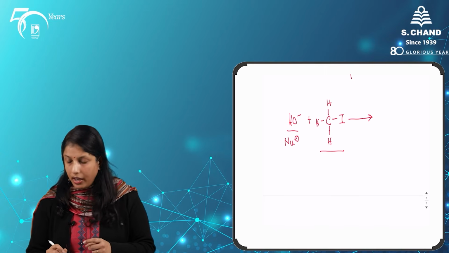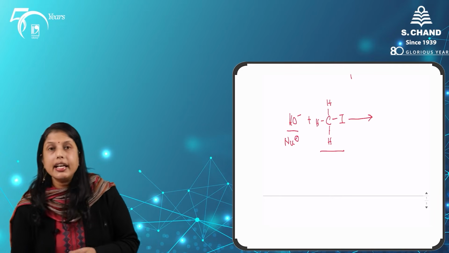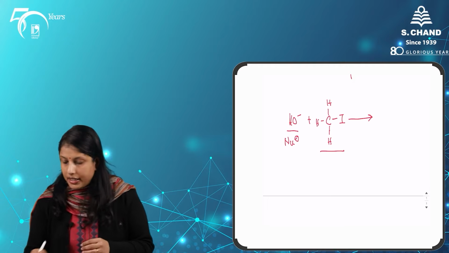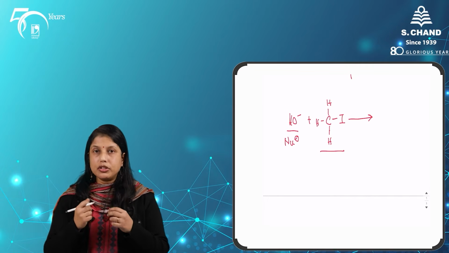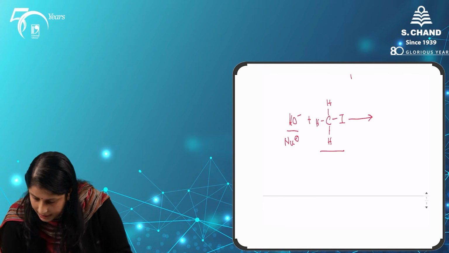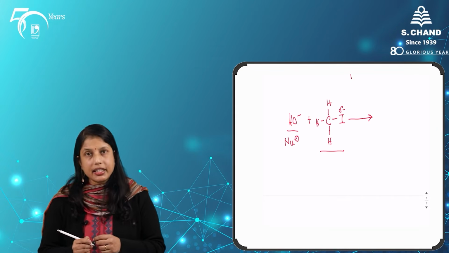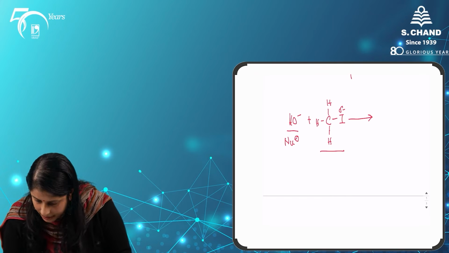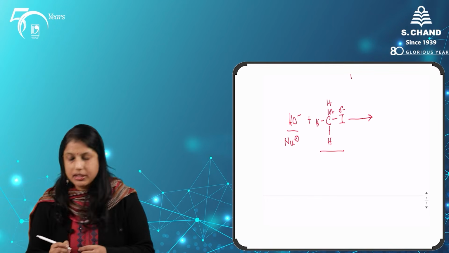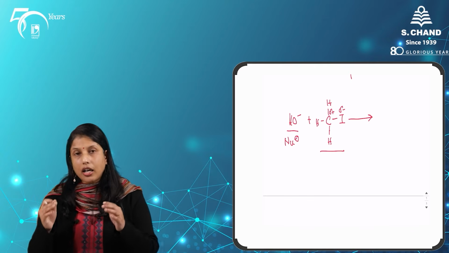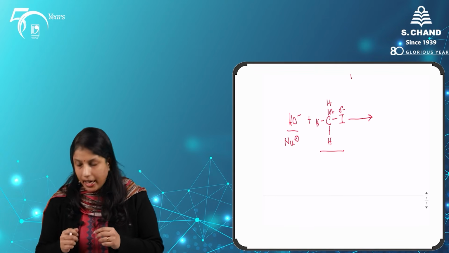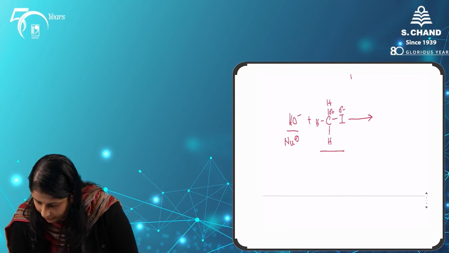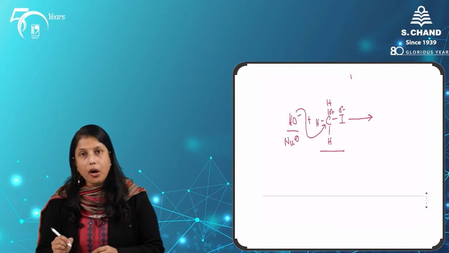Our iodomethane contains a carbon iodine bond. What do we know so far? Because iodine is more electronegative, it is going to withdraw the electrons in the carbon iodine bond more towards itself. So it gets a slight negative charge and our carbon is going to get a slight positive charge. That is, our carbon is going to become electrophilic. So what happens now? Our nucleophile, the hydroxide ion, is going to come in from the back.